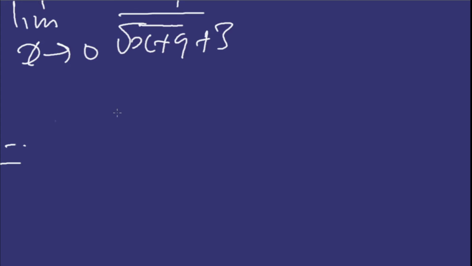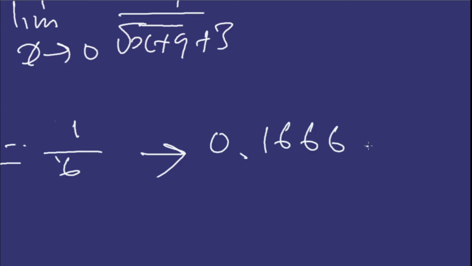So it will be the square root of 9, which is 3, plus 3, so it will be 1 over 6. You can leave your answer like that, or if you want to divide 1 by 6, it will give you 0.1666 and so on. So that's how we can solve this one.